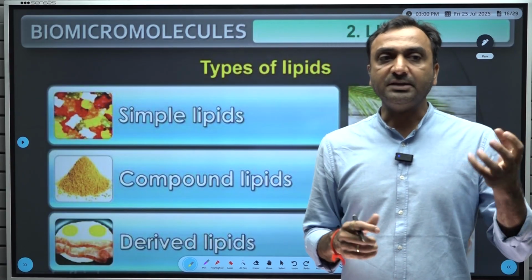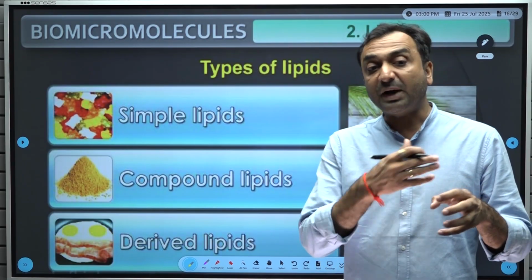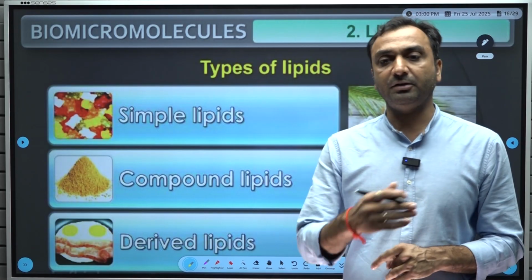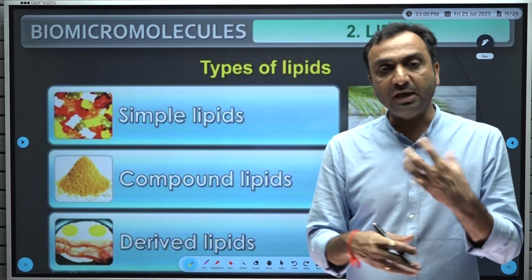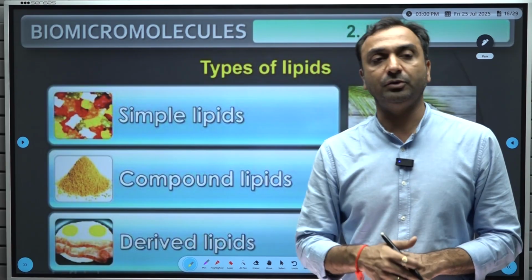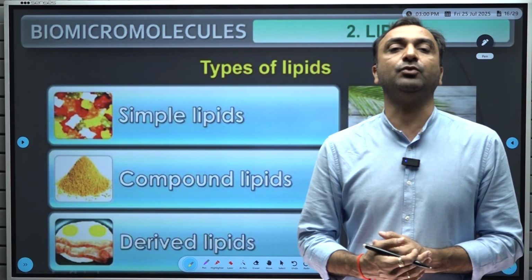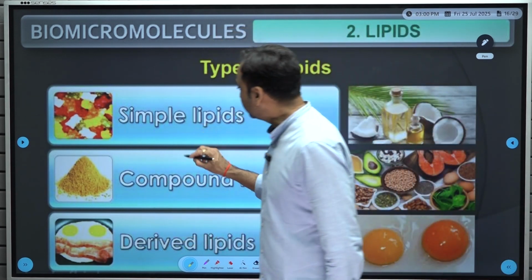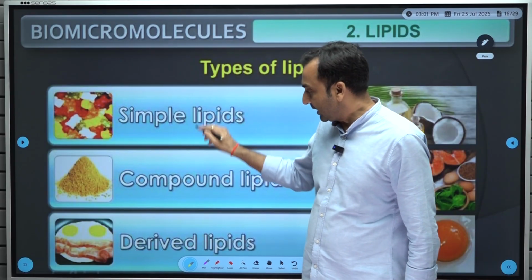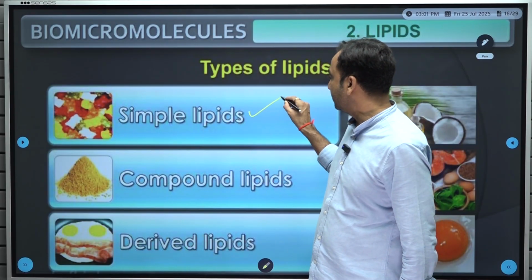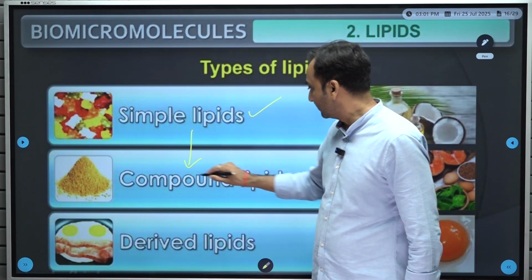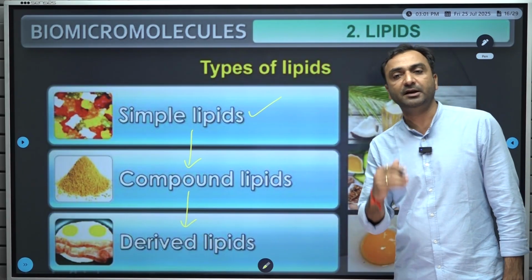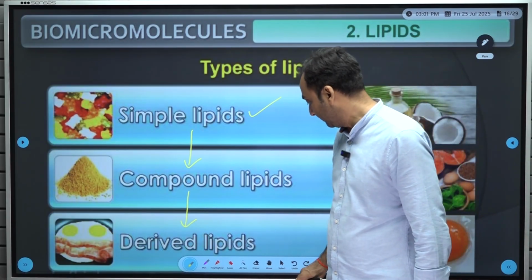When simple lipid or compound lipid is passed through a series of chemical reactions, such as dehydration, making a further more complex molecule, it is called a derivative of lipid or derived lipid. So they are divided by complexity: simplest is simple, more complex is compound, most complex is derived lipid.